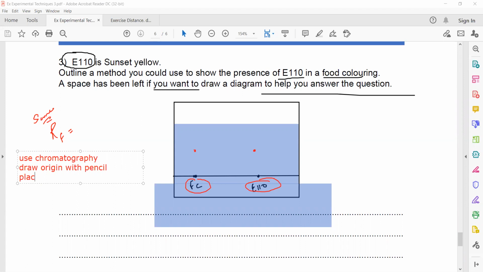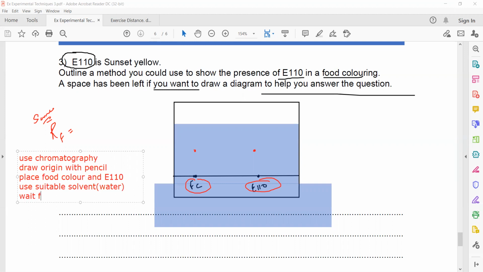Then we'll place food color and E110. We'll use a suitable solvent. When you write this in the exam, don't write just "use suitable solvent"; you will mention the name of the solvent. Example, here we are using water.